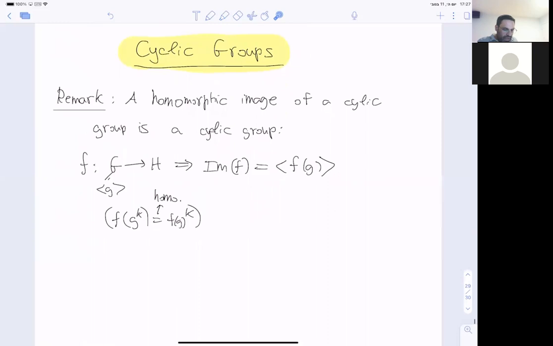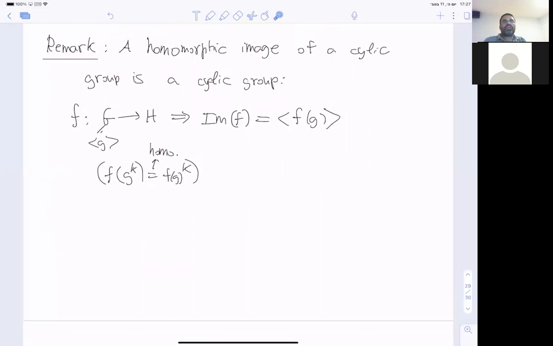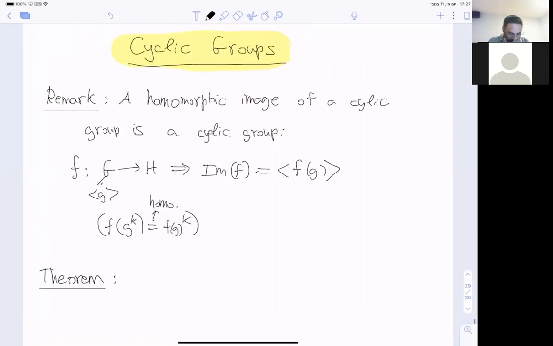Okay. And now we can talk about the theorem I mentioned. Just to be sure, there is a subgroup in H which is cyclic. Yes, exactly. We didn't show that yet, but any homomorphic image is a subgroup in the target.